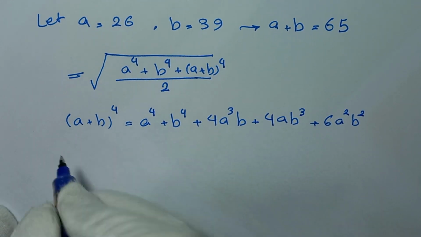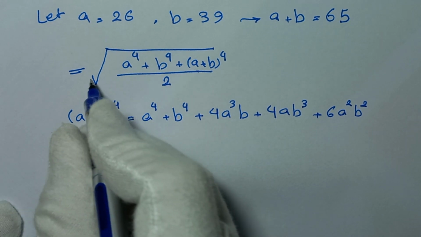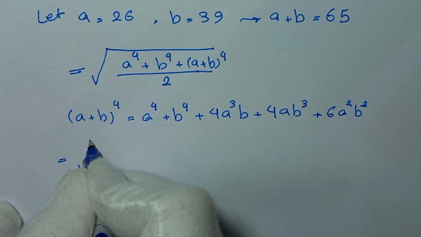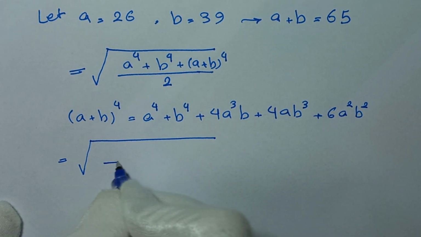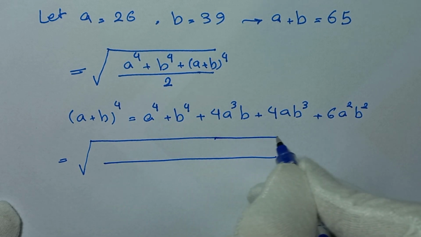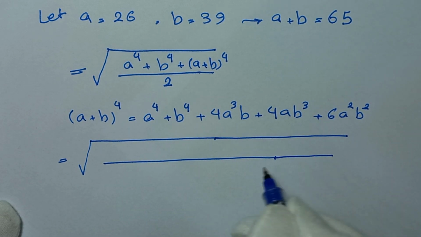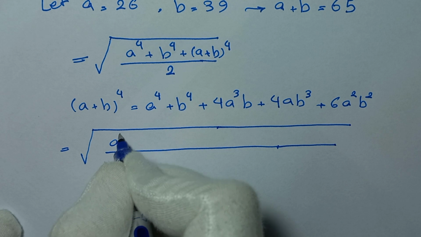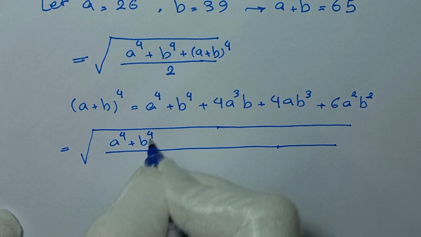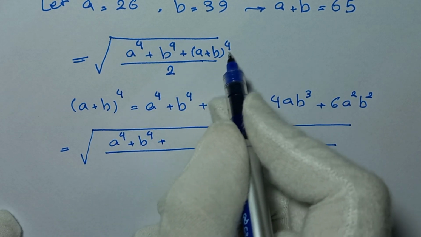So this is equal to the square root of: here we have a to the power of 4 plus b to the power of 4 plus (a plus b) to the power of 4, which is equal to this.